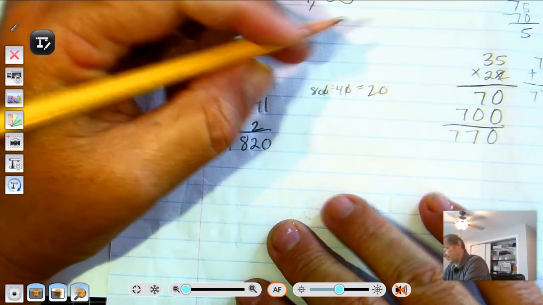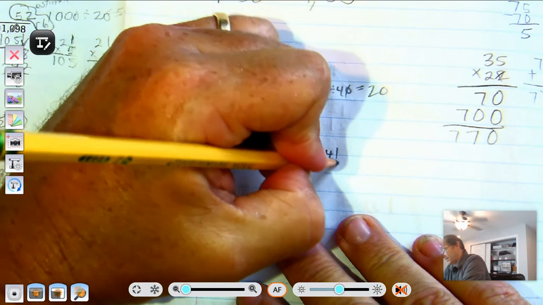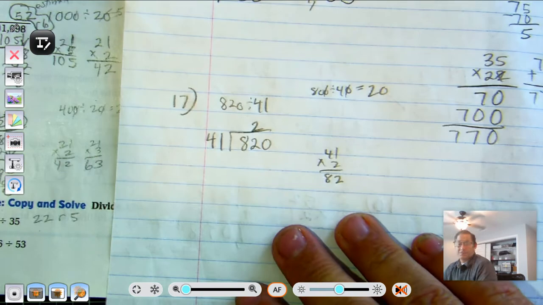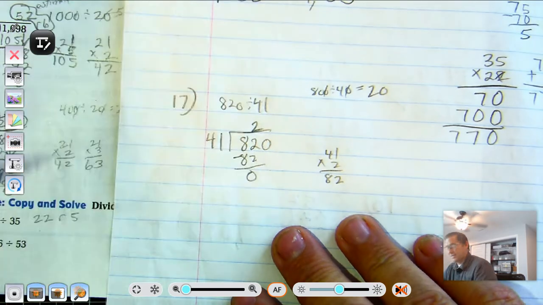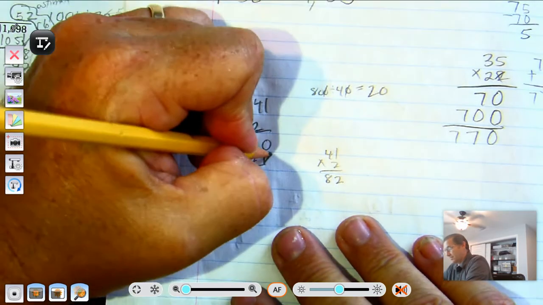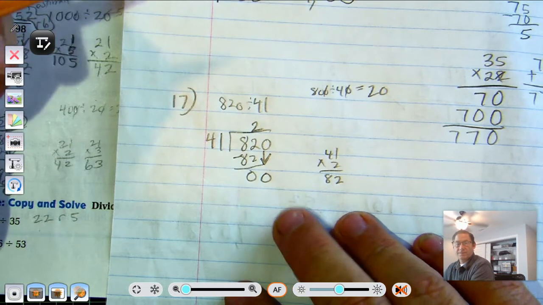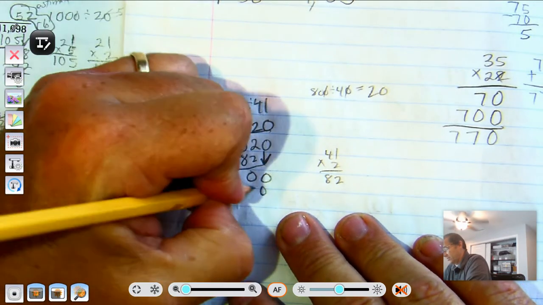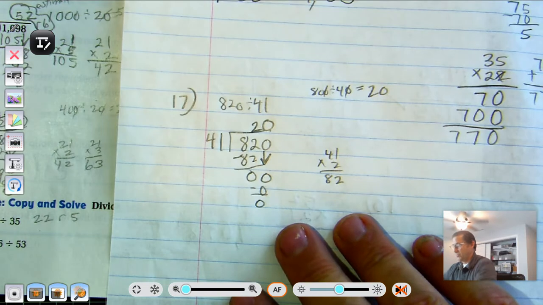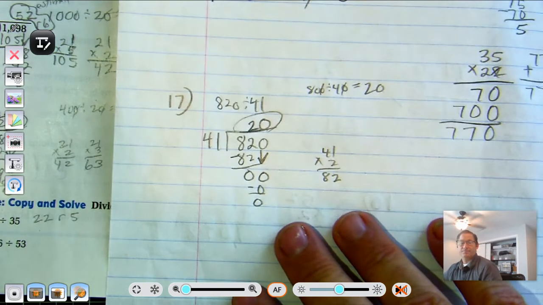Let's try 2. 41 times 2. Well, that's 82, right? Awesome. Gives me 0. Bring down the 0 ones. I can't get any 41s from that. So 0 times 41 is 0. Subtract, we get 0. So we're saying our answer is 20.